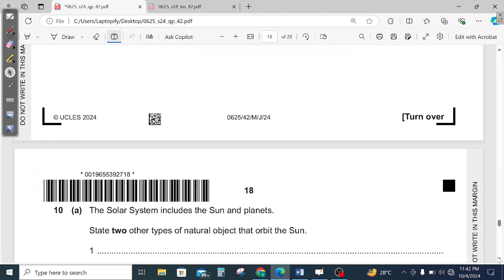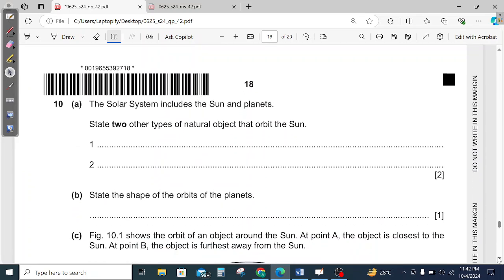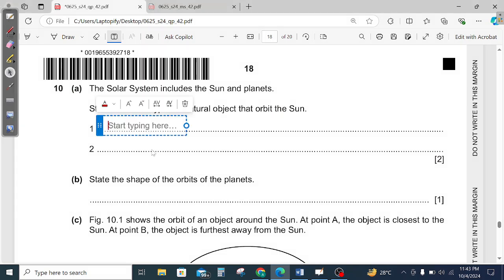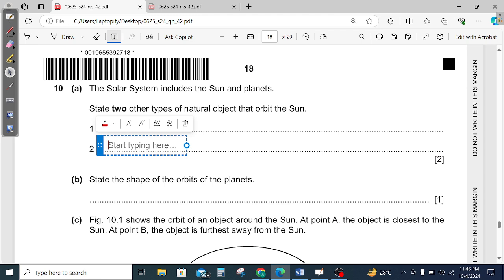Okay, so next is question number 10. This is from space physics. The solar system includes the sun and planets. State two other types of natural objects that orbit the sun. So you have to write other things that orbit the sun. I will write here. First one is asteroid, and second one is comet.